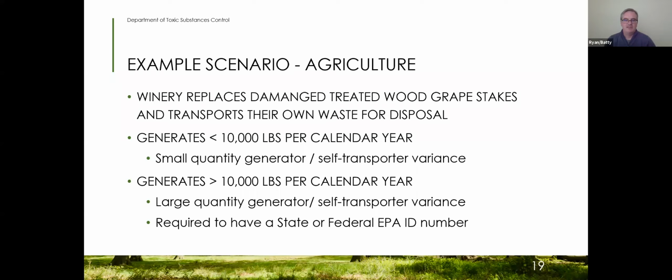So in that kind of scenario, you would qualify as a generator, and whether you're a small quantity or large quantity generator would depend on the quantity of treated wood waste that you're generating. If you're less than 10,000 pounds per calendar year, you'd be a small quantity generator. If you're greater than 10,000 pounds per calendar year, you'd be a large quantity generator. And just a reminder there that if you are a large quantity generator, you'll have to have a state or federal EPA ID number. Next slide, please.